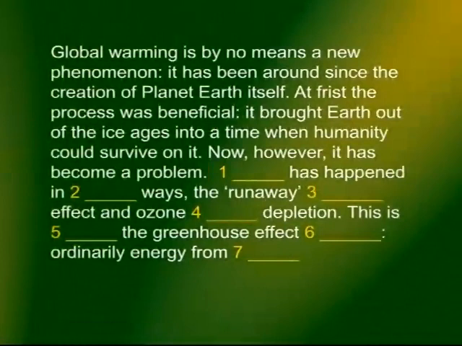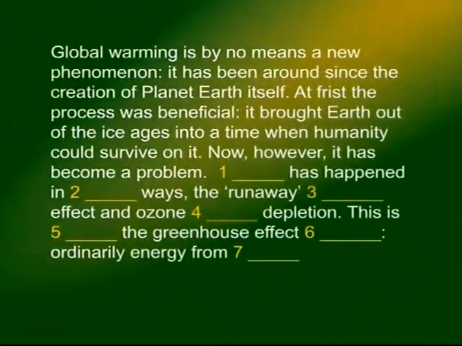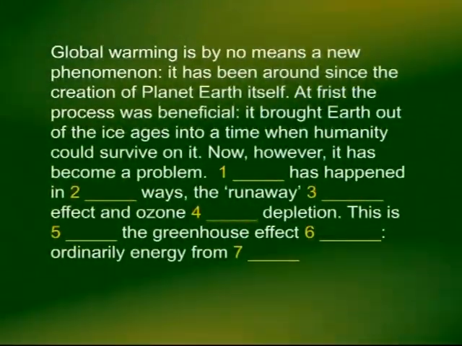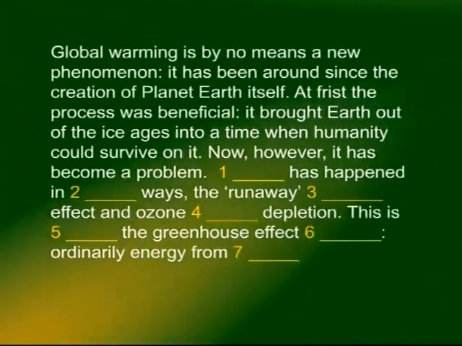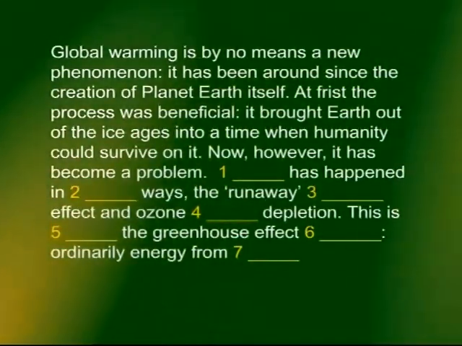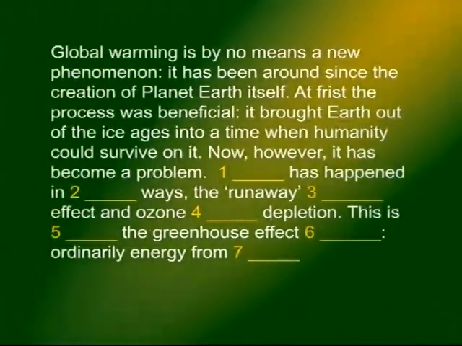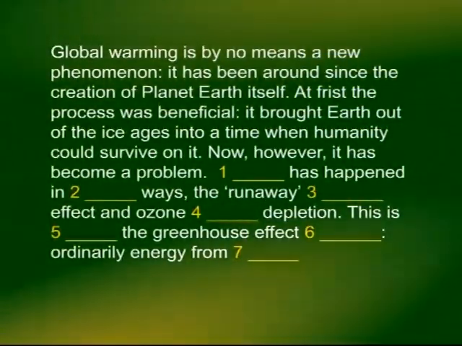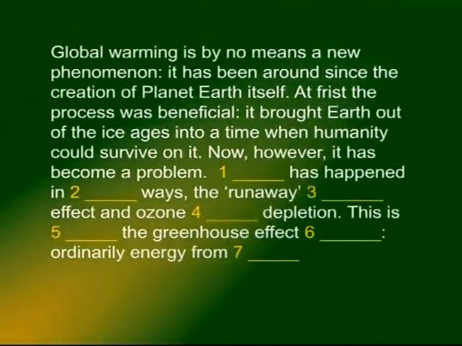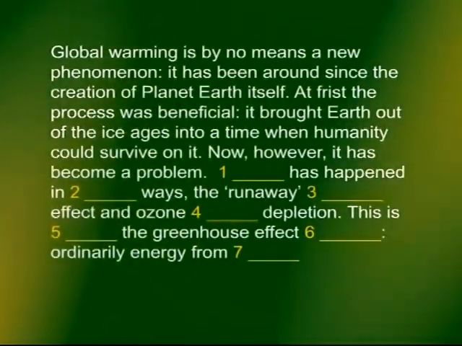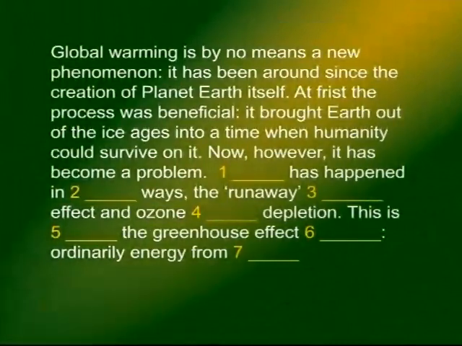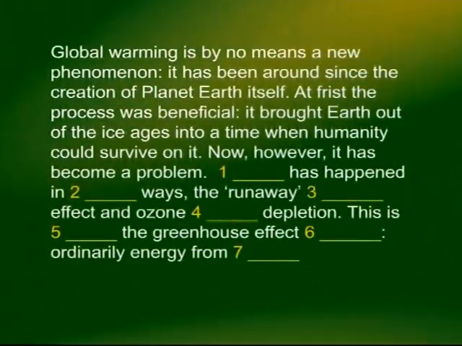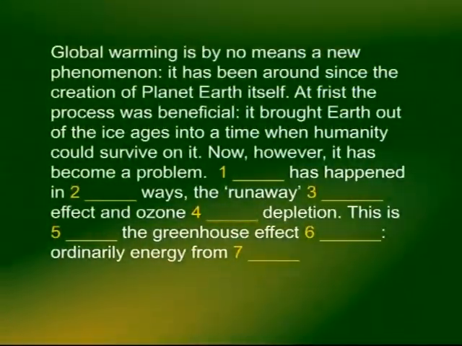Blank has happened in ways: the runaway effect and ozone depletion. Now, if you've been reading papers and magazines, because these are very common words, the first gap will be filled with the word this, because this refers back.